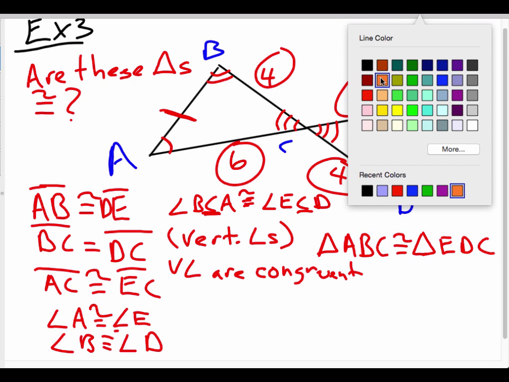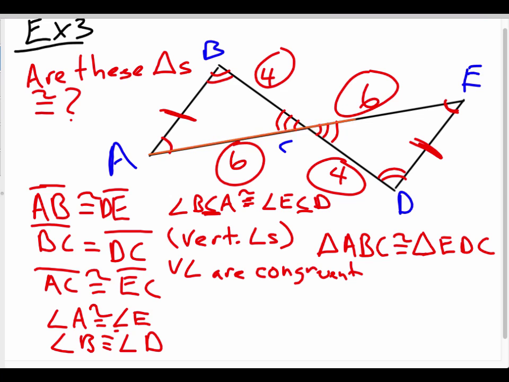In other words, if I draw a straight line here, and I draw a straight line here, aren't those vertical angles? Does that make sense? And we know the vertical angles are congruent. Now they're congruent because of the linear pairing, right?